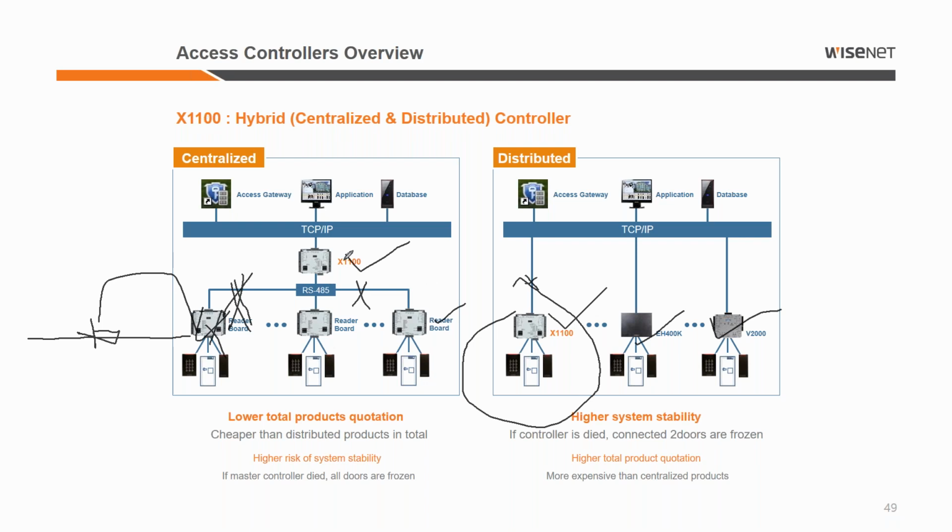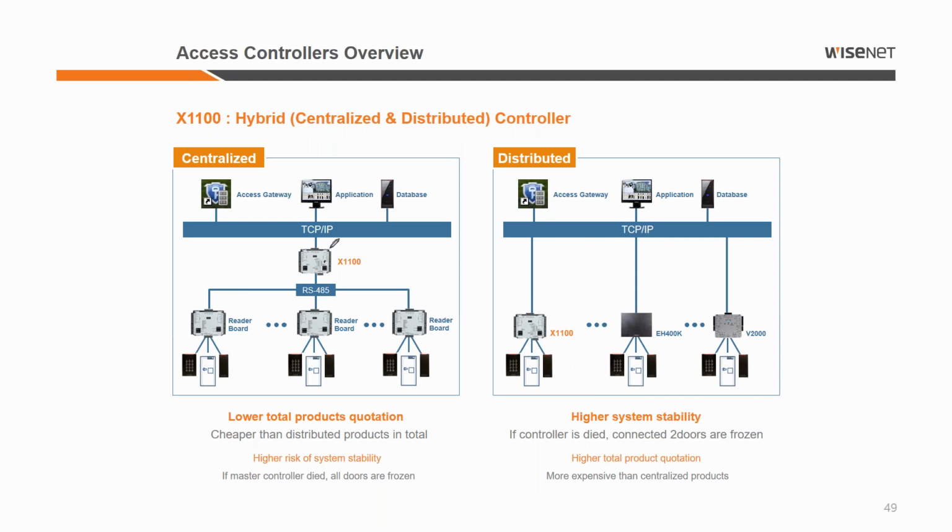So centralized means only the central controller will have the capacity to speak to the database and the capacity to decide which door to open. So this is the central brain. This guy will decide for the subcontrollers whether to open or close when someone is swiping the card.